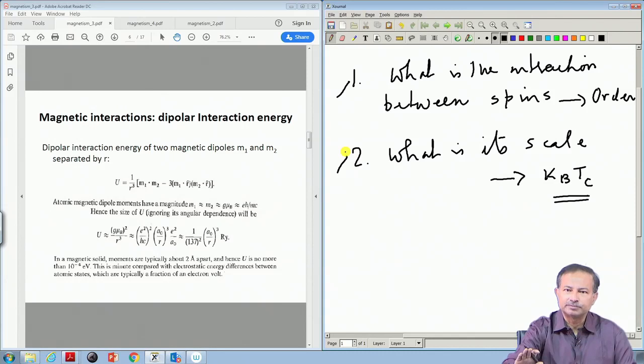One is you just do the experiment and find out what is the situation, but then you need to know why is this situation there, and this why requires you to do a microscopic theory and develop a microscopic understanding of it, and that is what our next step will be. I will argue as to from where does this interaction come, and then what should be its scale.